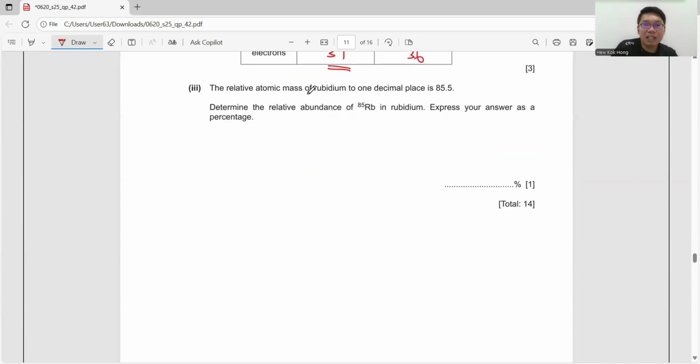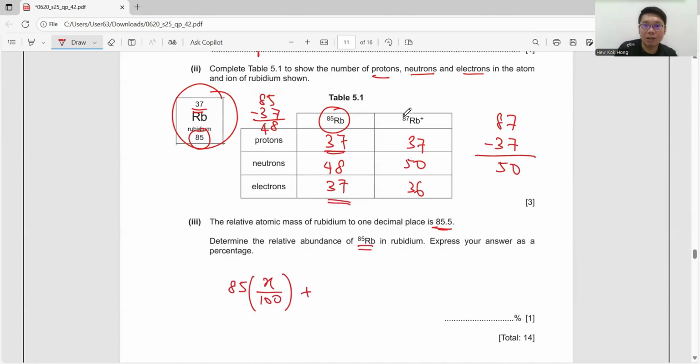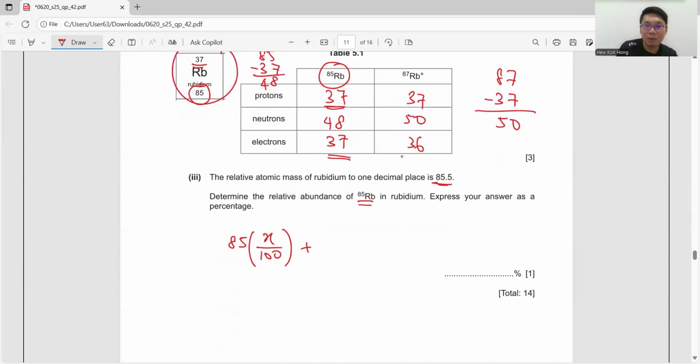Part 2. The relative atomic mass of rubidium is 85.5. Determine the relative abundance of 85. Express your answer as a percentage. So we assume 85 is X over 100. And then how about the other one? The other one is 87, so 87 would be the balance percentage.